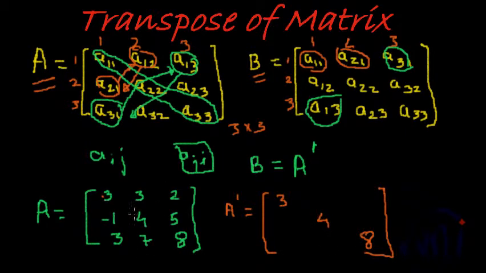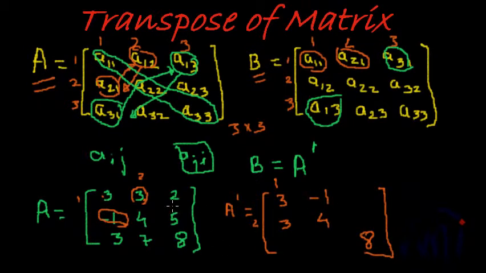Now what do we do with the non-diagonal elements? We reverse their position. So 3 is here in column 2, row 1, it will come to row 2, column 1. So 3 comes here and minus 1 which is here has to go here.